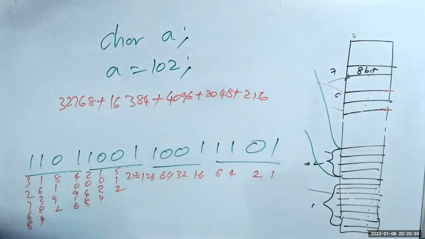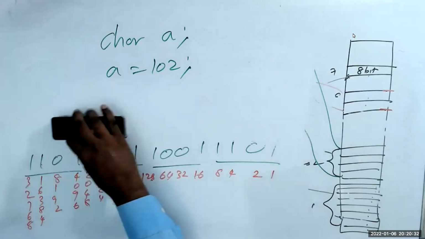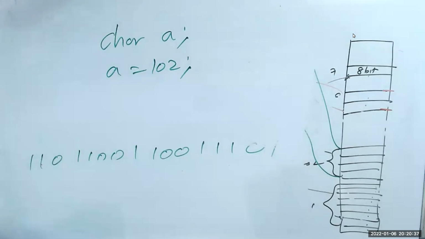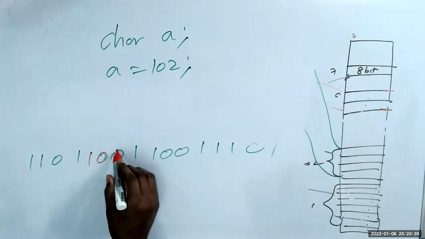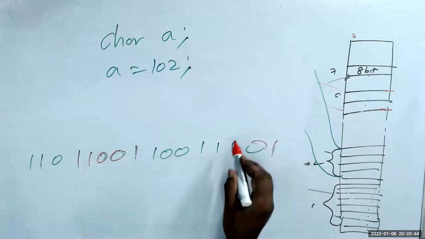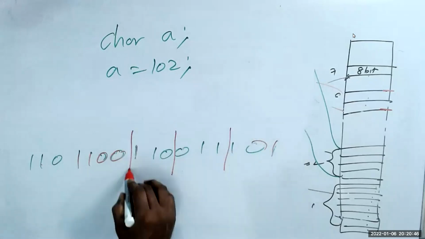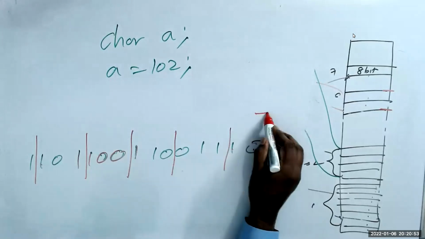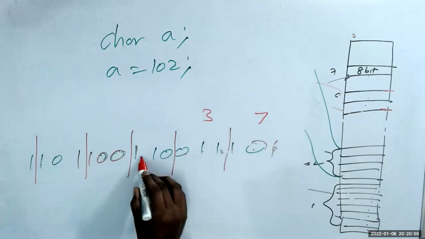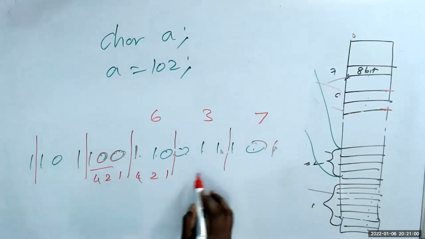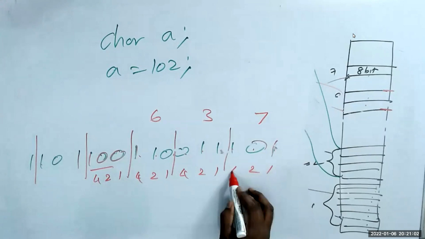So what Dennis Ritchie did was, hey, don't do this. Let us have an easy method. There are two easy methods. One easy method is to divide this number into groups of three. Now you have to remember only 1, 2, 4, 1, 2, 4, 1, 2, 4.